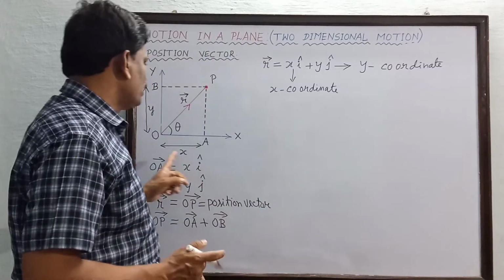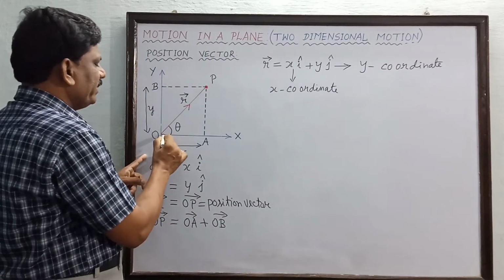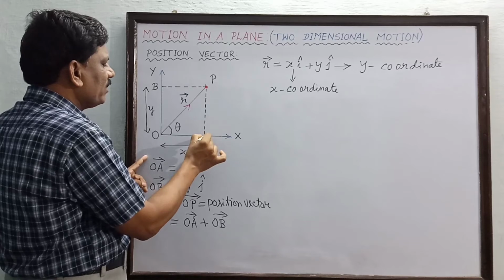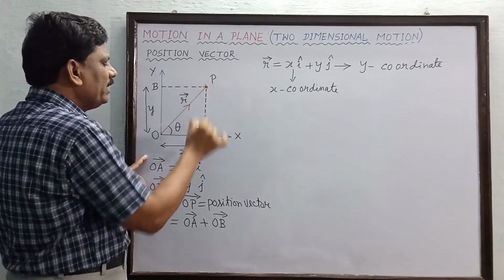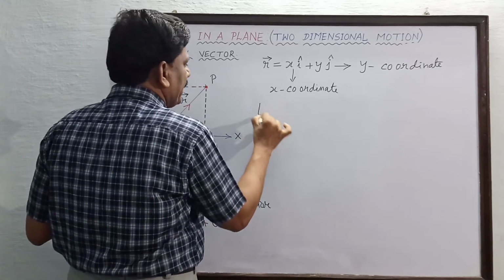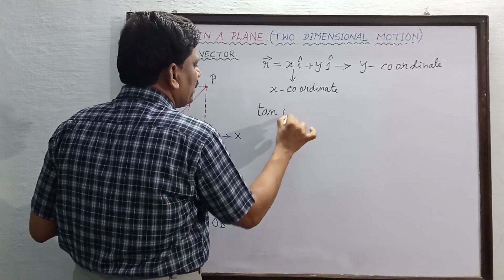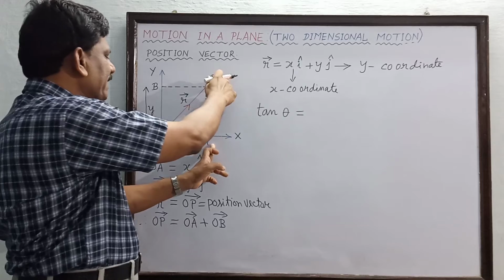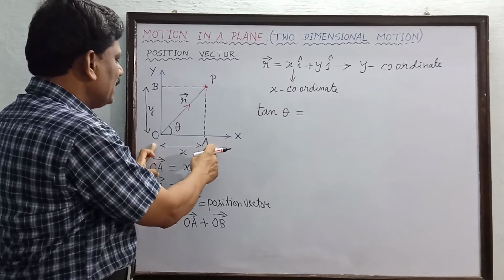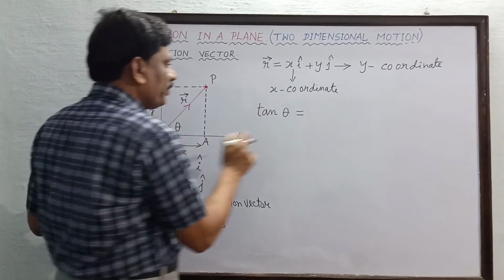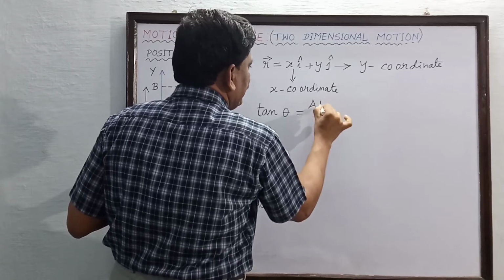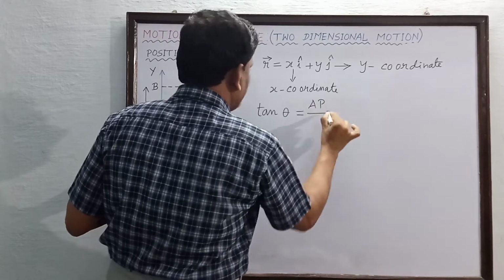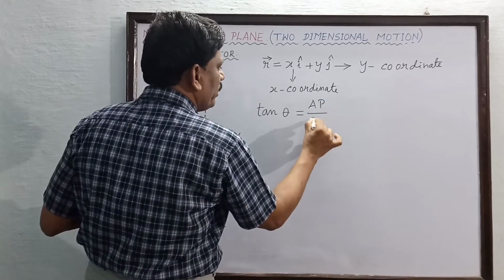So here you can see that in triangle OPA, what is the tan value of theta? Tan theta is equal to the opposite side AP divided by the adjacent side OA.